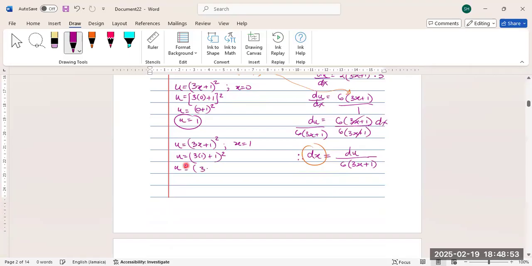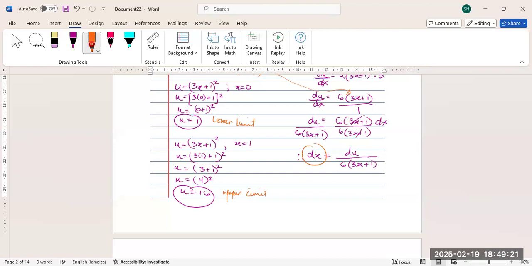And what is 3 plus 1? 4. And what is 4 squared? 16. So what I'm saying to you now is that 1 is going to be my new lower limit, and 16 is going to be my new upper limit.